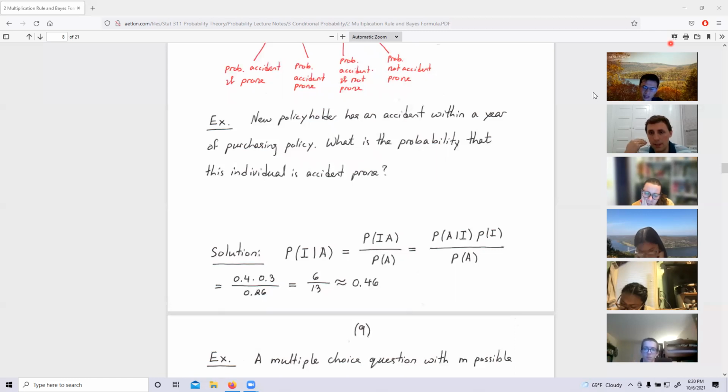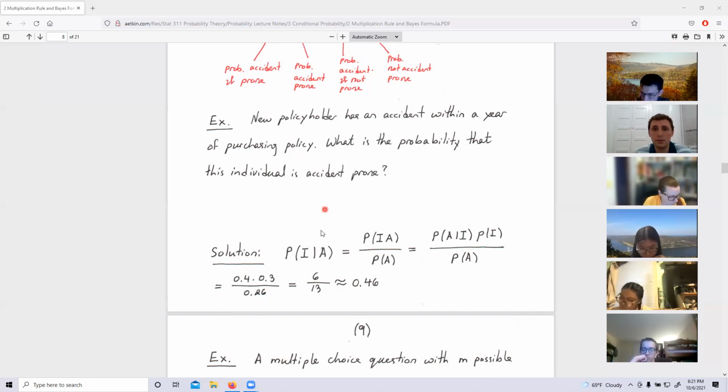Also, if somebody steals once from you, you do expect that the person is prone to stealing, right? So it's a similar thing. It's a bias that you naturally have. So let's see what's the correct probabilistic bias that we should have that this person will have another accident.